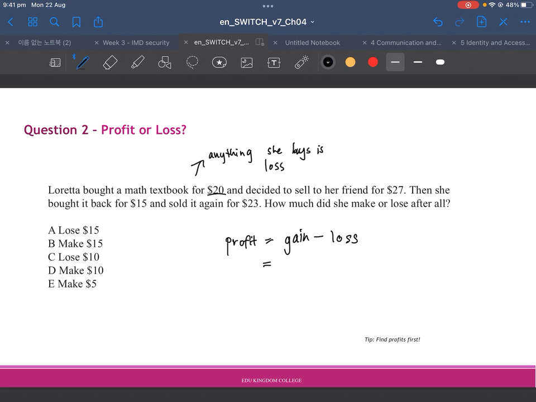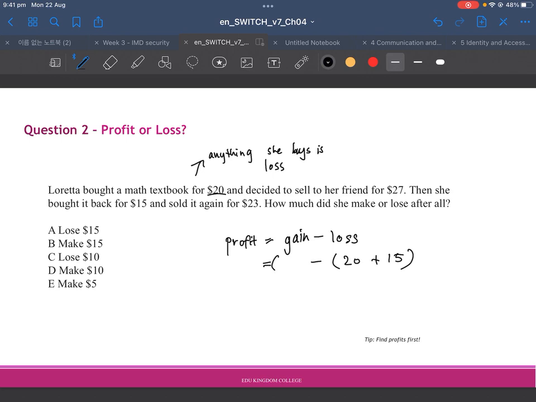Because remember, when you buy something, you pay money, so you lose however much you buy. So let's start off with the loss first. I'm going to put a bracket around this just so we can see. She bought it for $20, and she also bought it back for $15, meaning that in total she lost $35.